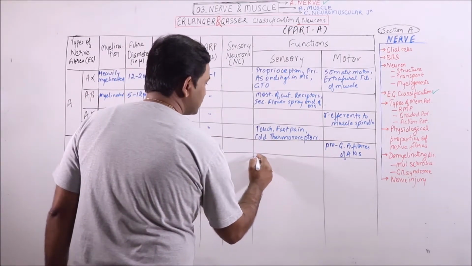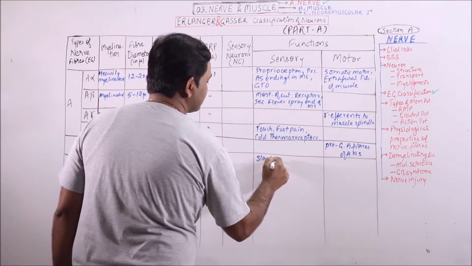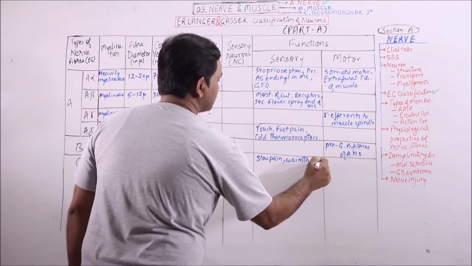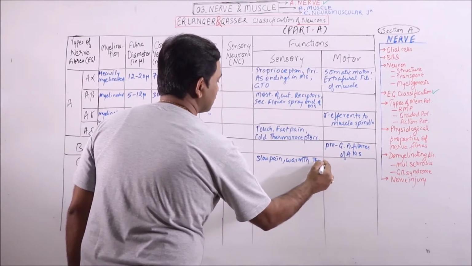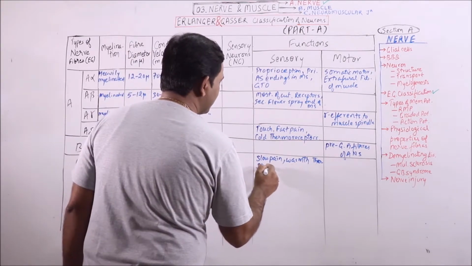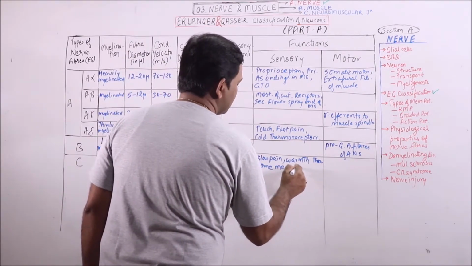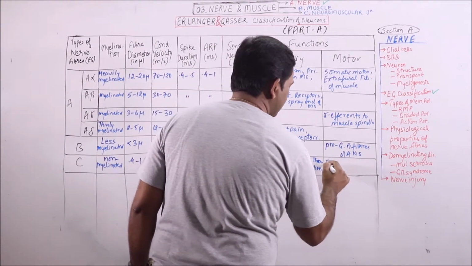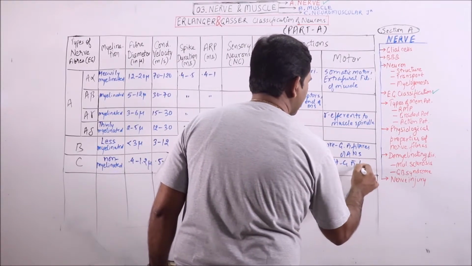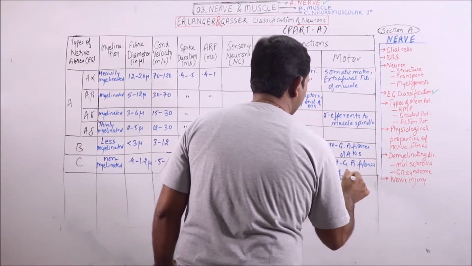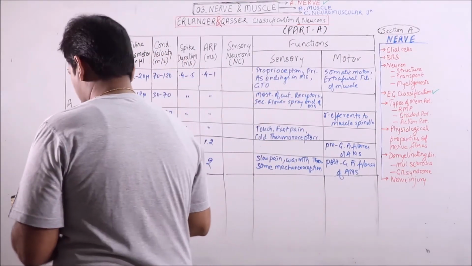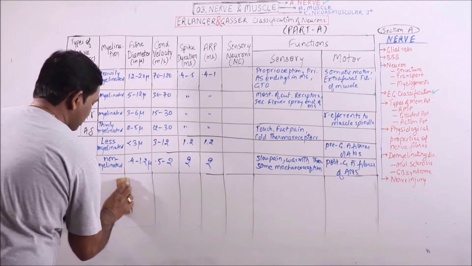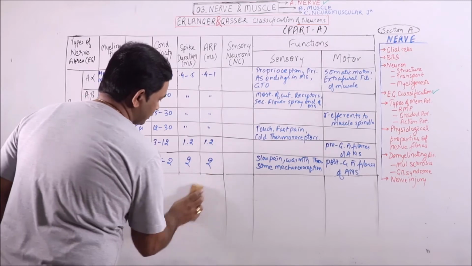And the functions are slow pain, warmth thermoreceptors, and some mechanoreception, and these fibers can be observed in postganglionic nerve fibers of ANS. Now this concludes the Erlanger Gasser classification.